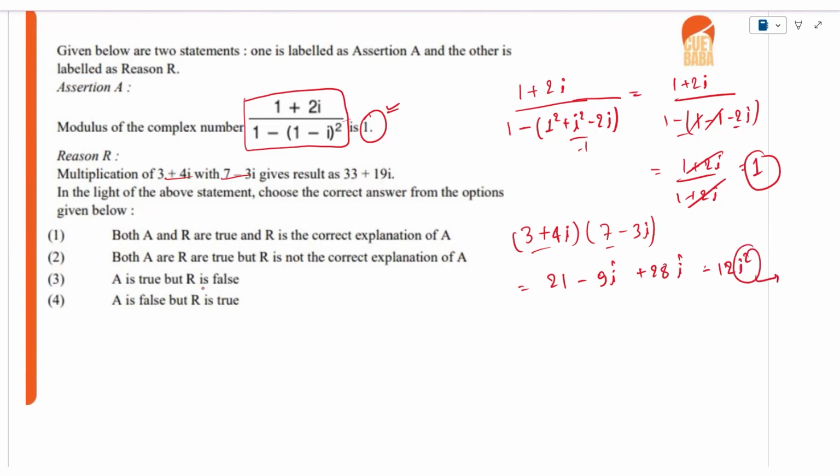And i square is nothing but minus 1. So it is 21 minus 9i plus 28i, it is 19i. I square is minus 1, so it is plus 12. So we will get 33 plus 19i. That means reason is also correct, but not the correct explanation. So option second is the correct answer.